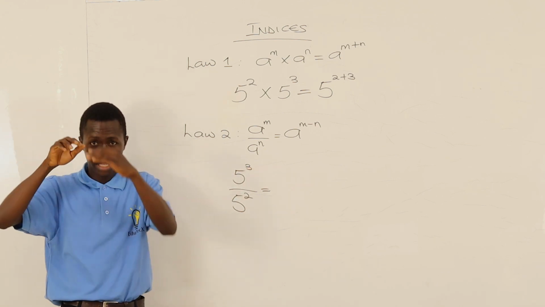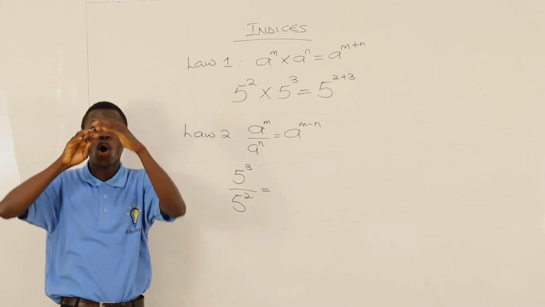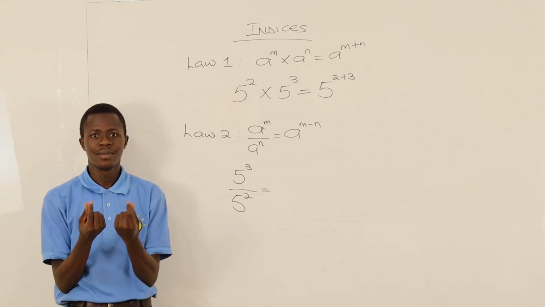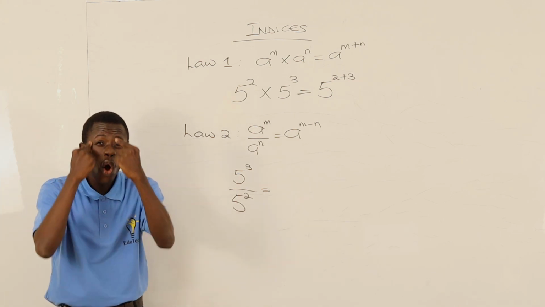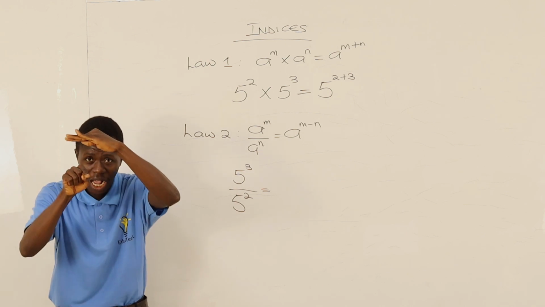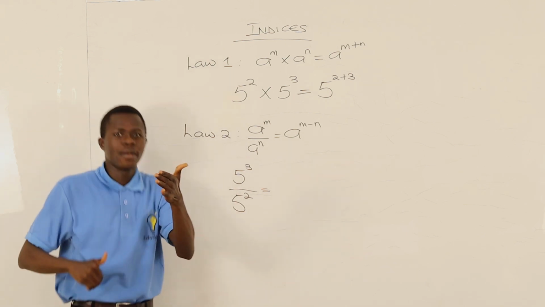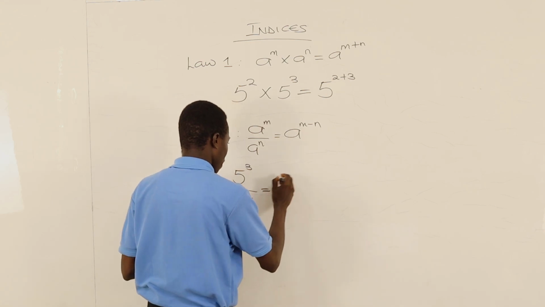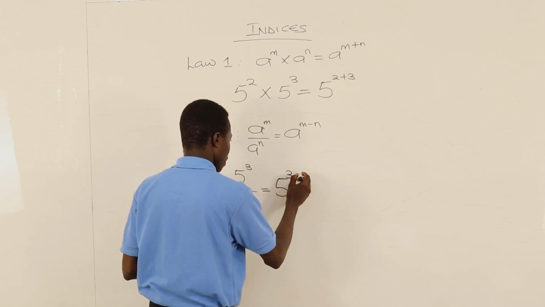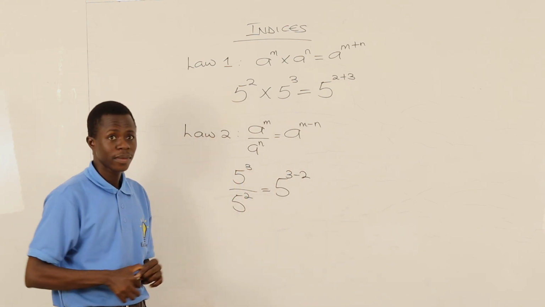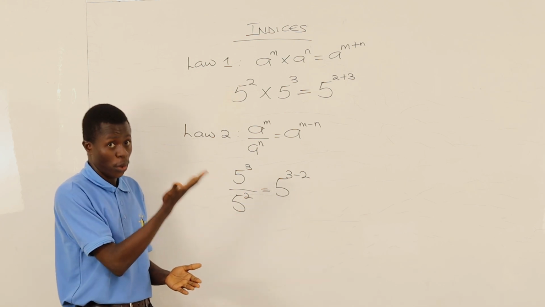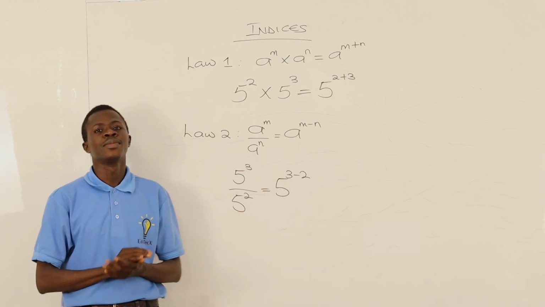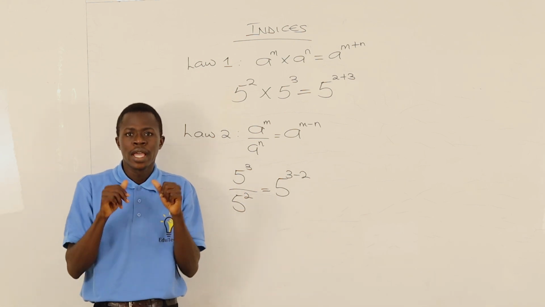So then with the powers or the exponents, what do we do? Since it is dividing, then we subtract. So we are going to end up having 5 raised to the power 3 minus 2.